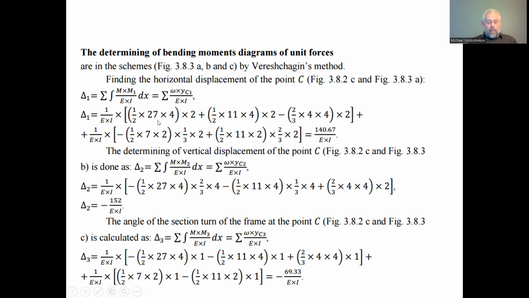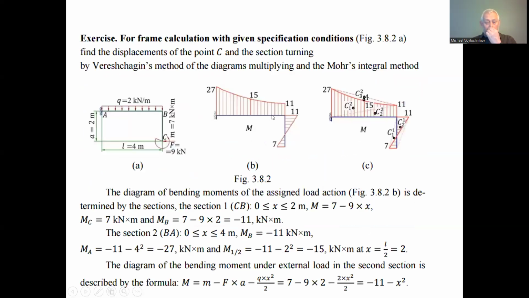So, for example, for the first one, the AB element of the mechanical system, this is a diagram of triangle shape. The base of the triangle is 27, and the height of the triangle is 4 meters. It is a big triangle, with the area of the segment subtracted next from the area of this complex diagram.